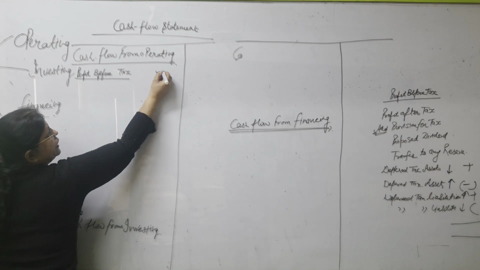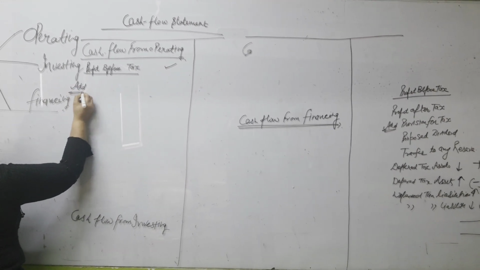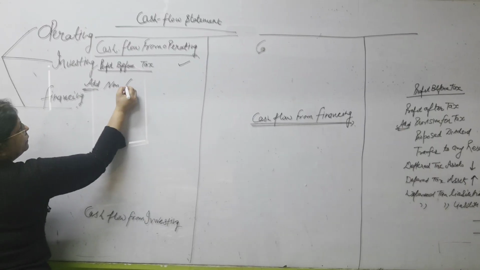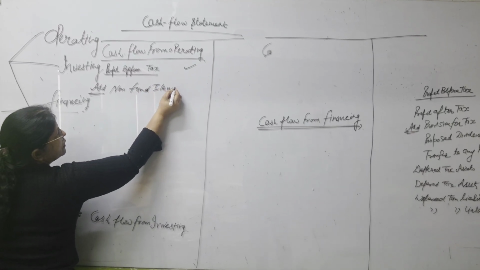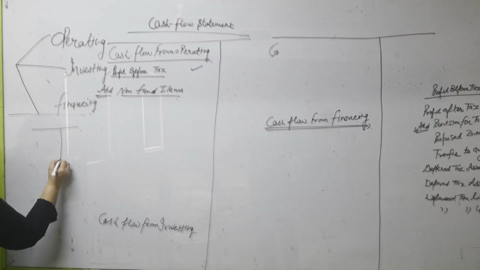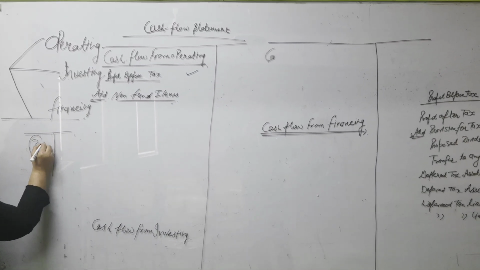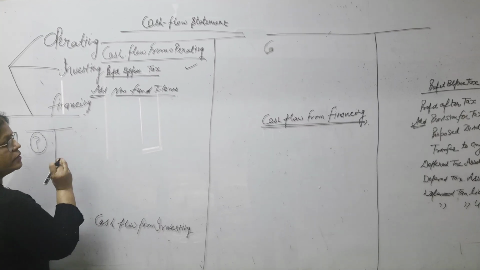Now, after putting profit before tax, you have to add non-fund items which are given in the profit and loss account but not related to actually cash.